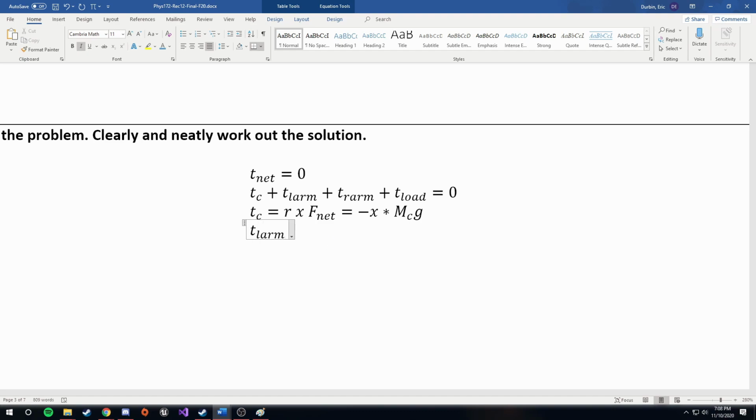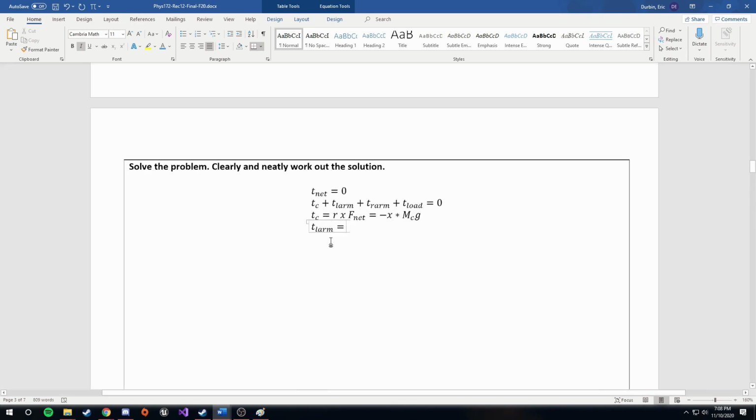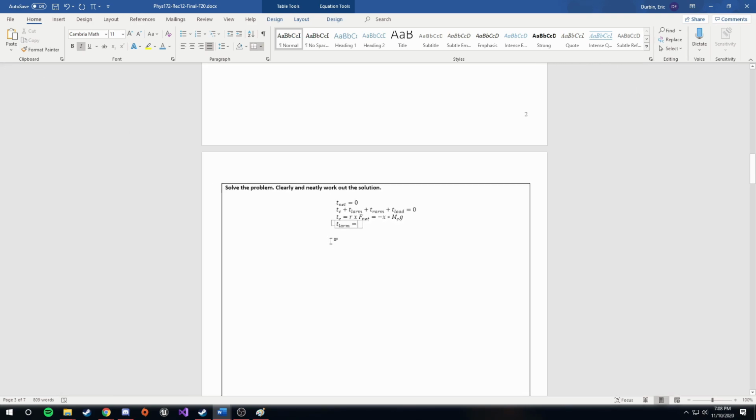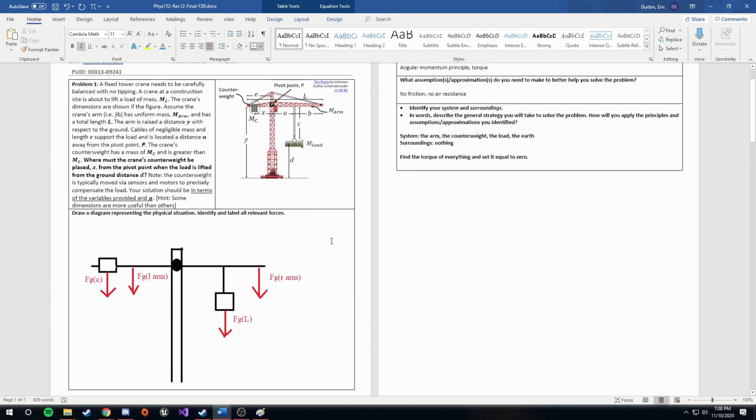The left arm torque would be equal to... Wait, never mind. Go ahead. Keep going. E times the... actually, I think it might be E over 2, because all of the weight isn't distributed at the ends, it's evenly distributed, so we have to do the center of mass.